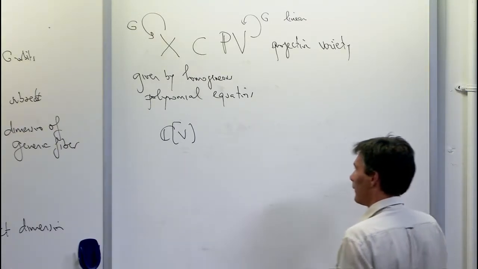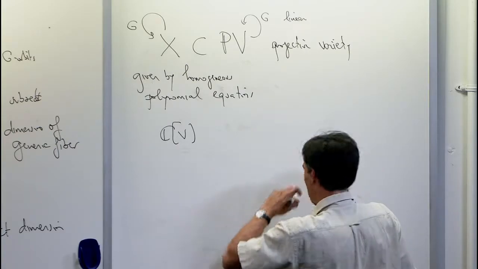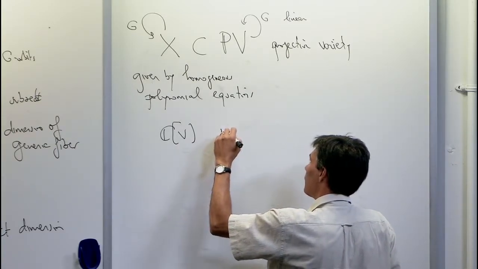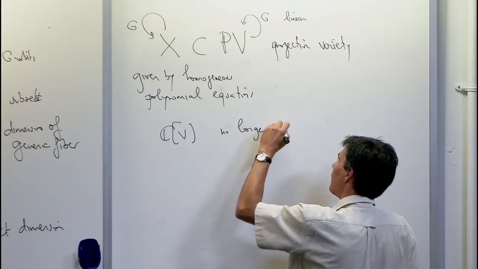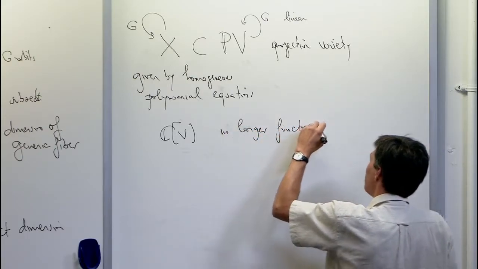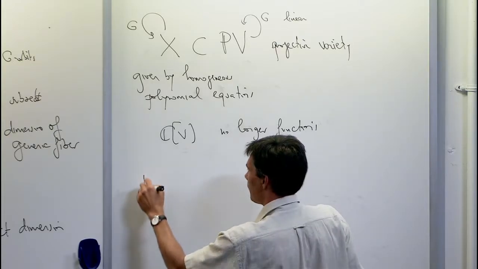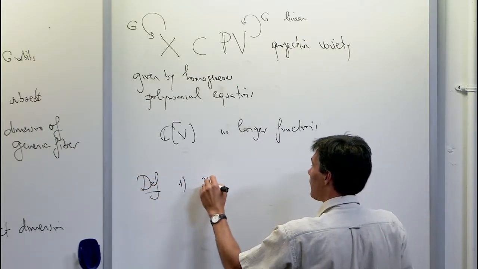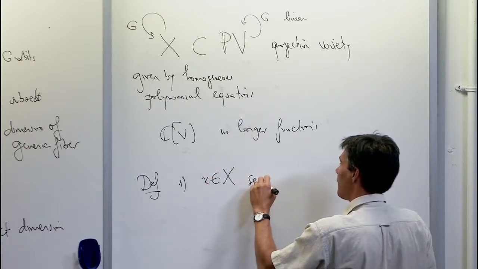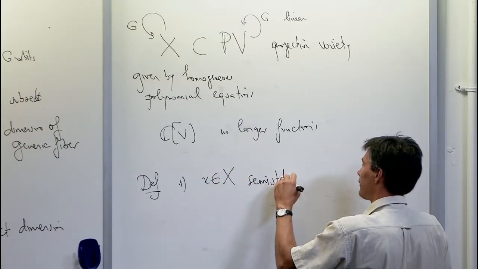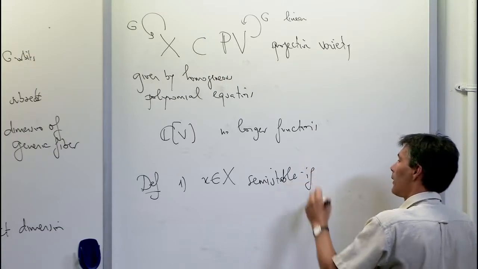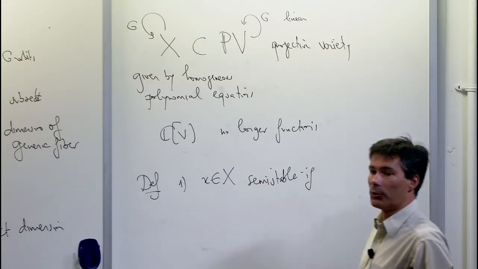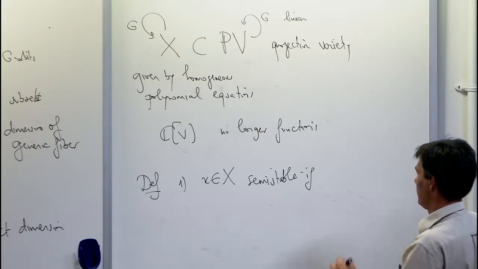But still we can be interested in that. So no longer functions, but still we are going to use them. So the first definition is that the point x is said to be semi-stable if there is some invariant polynomial that does not vanish on this point.